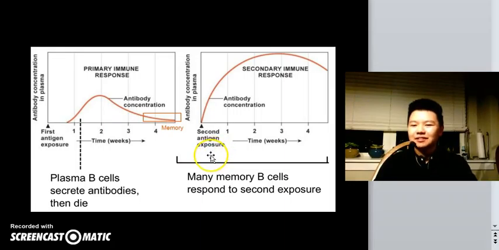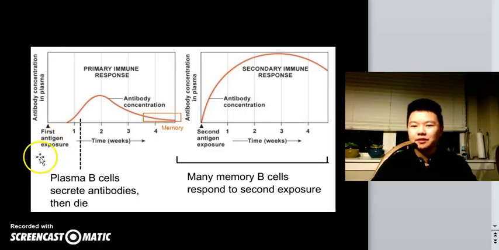The body's exposed to the antigen again. This could be a year, 10 years down the road. And now, because these memory B cells that were made are still around, they're long-lived, the antibodies are produced at a faster rate and a higher maximum number of antibodies produced. The secondary immune response is always much stronger than the primary immune response because of those memory B cells.